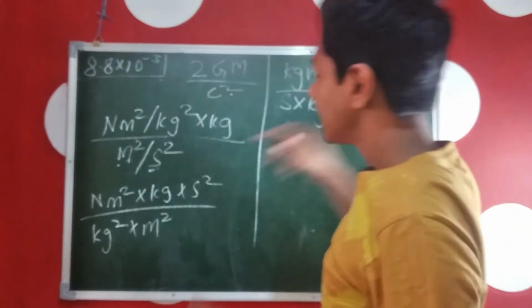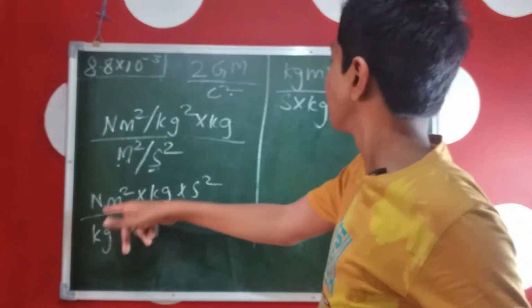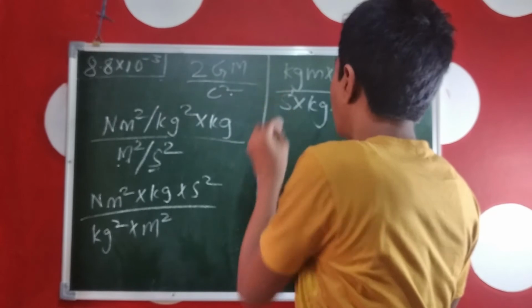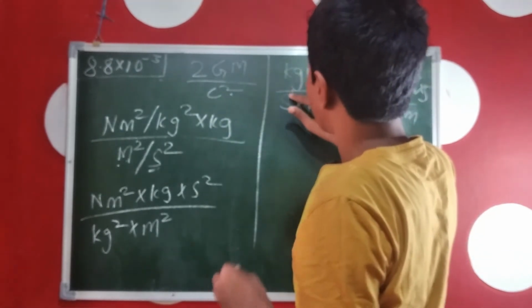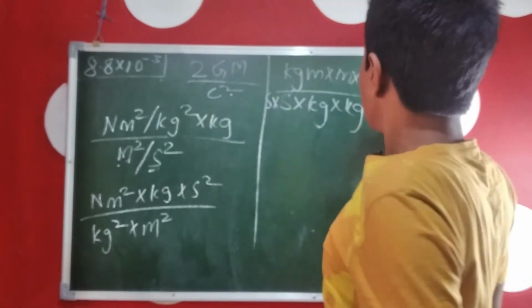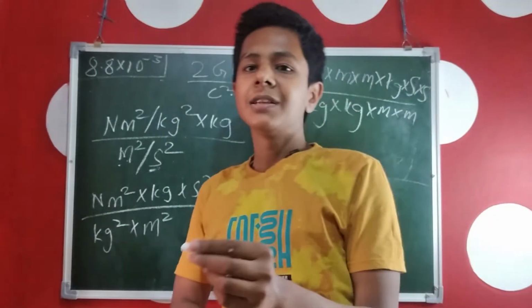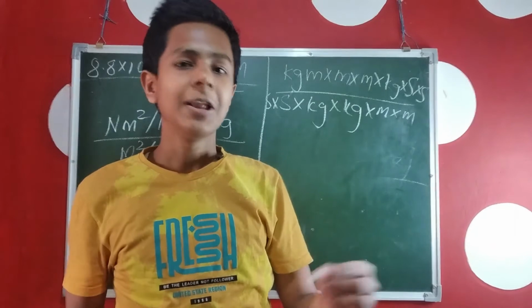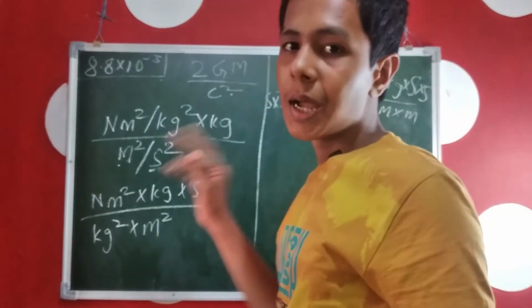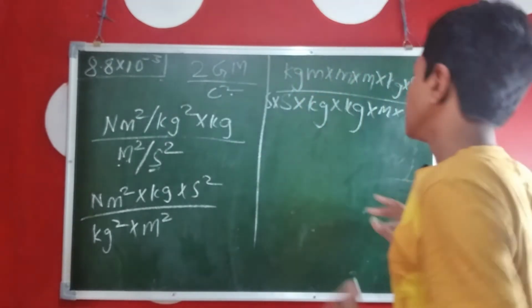I'm just simplifying it. I'm just expanding it. I wrote Newton in place of Newton. I wrote kg meter per second square. Oh, so it's a square, so we can write one more second here. This kg meter per second square is the value of Newton. I know I'm getting out of the frame, but look at it.